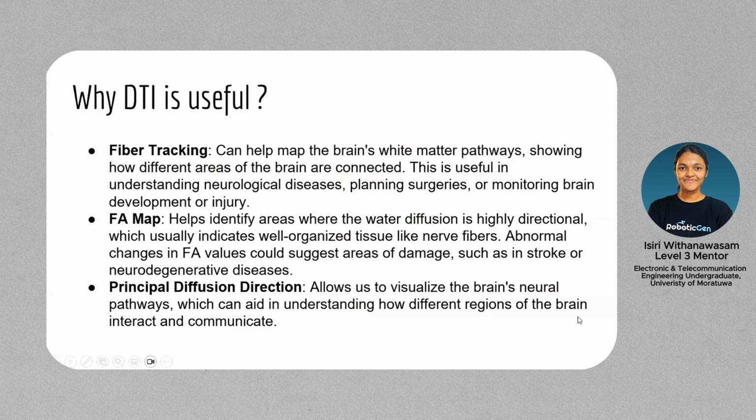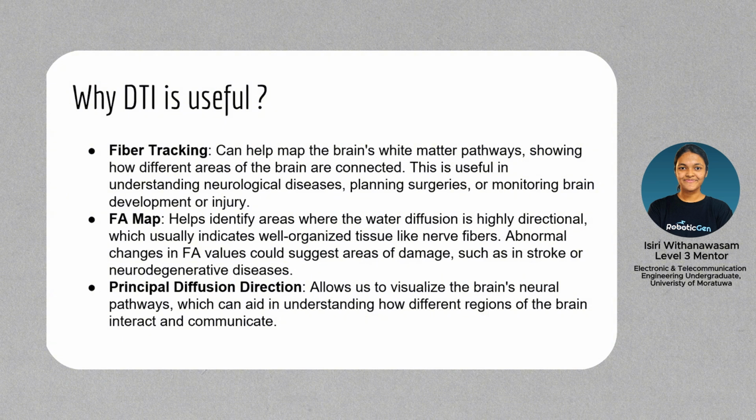There are two types of matter in our brain: gray matter and white matter. Gray matter consists of cell bodies, and white matter consists of the nerve fibers. We call them axons. Axons carry the electrical signals that carry information throughout the body.